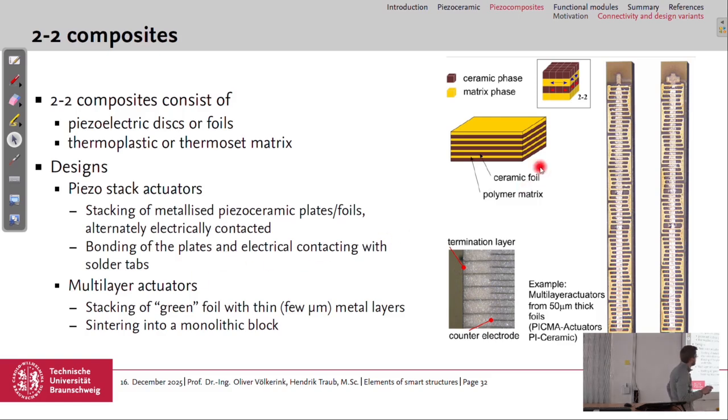So this is a 2-2 connectivity with foils of ceramic and foils of matrix interacting, and here you can see also the electrodes in the piezoceramic stack. And each foil is 50 micrometers thick.